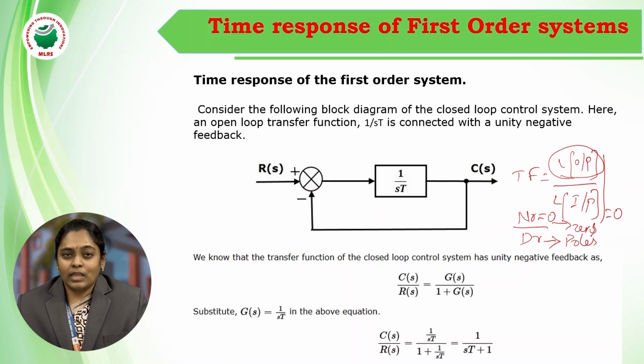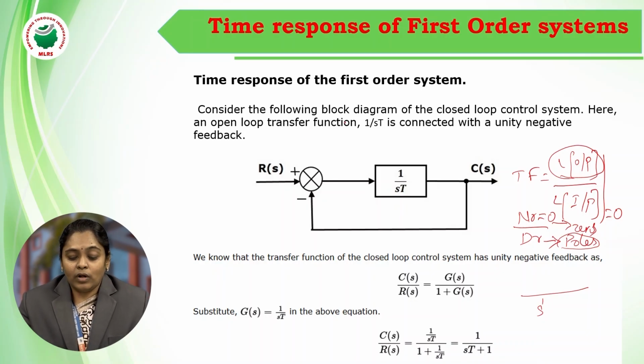In order to say the system is a control system, that itself indicates we need to have an idea of stability. We can say that a system is stable if the poles are present in the left half of the S-plane. So if the denominator has S to the power 1, that itself indicates it is a first order system.